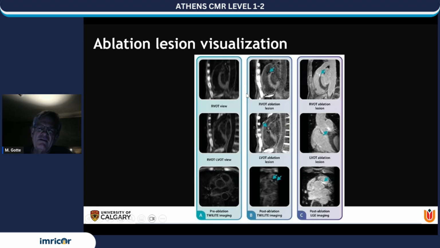But the twilight strategy allows you to visualize, in the presence of edema, still focal areas, spots associated with the ablation points. And we try to improve this image quality, but it is a way to identify the lesions created without the need for gadolinium and in a 3D fashion.